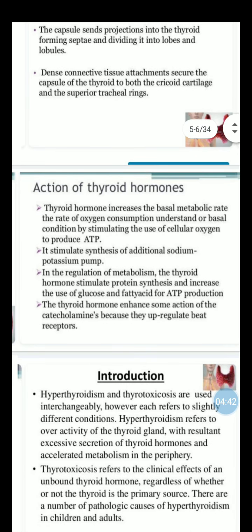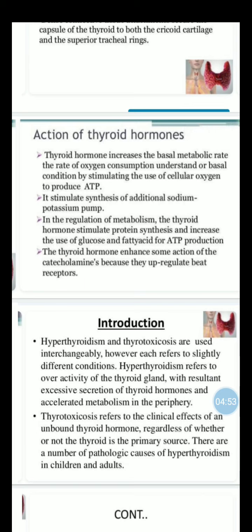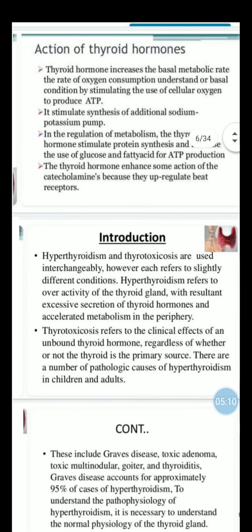It stimulates the synthesis of additional sodium potassium pumps. In the regulation of metabolism, thyroid hormone stimulates protein synthesis and increases the use of glucose and fatty acids for ATP production. It also enhances some actions of the catecholamines because it upregulates beta receptors.